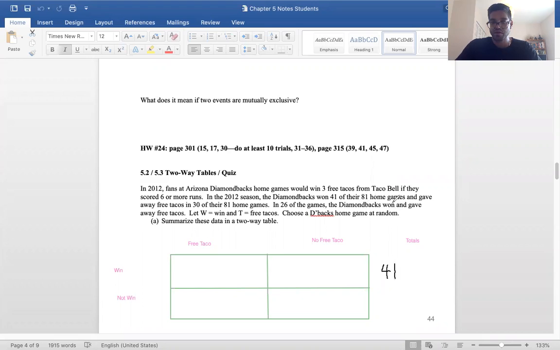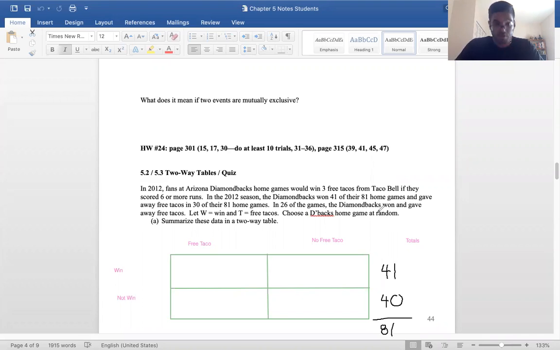And we know that there's 81 total home games, so that means I can put 40 down here, right, because this sums up to 81. So then here you have your grand total of 81. That's the start. And now we can keep reading, keep dissecting more and more information.